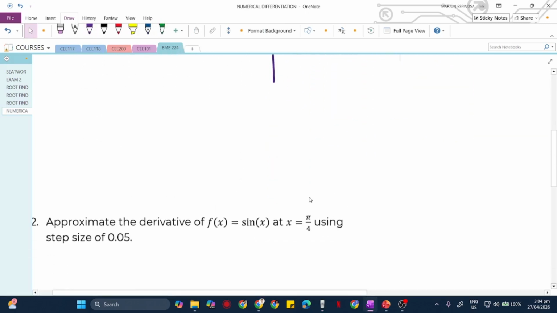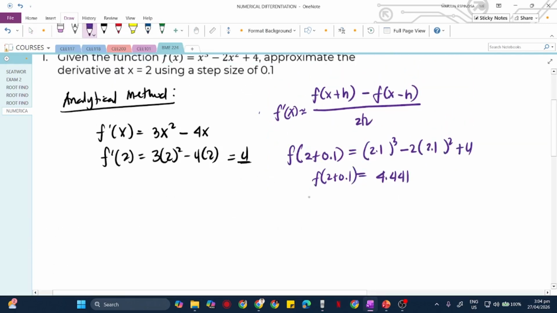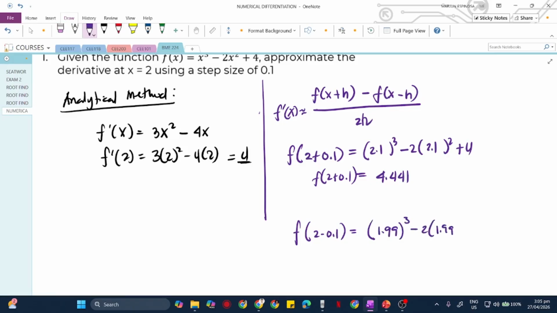Now, how about yung f of x minus h, magiging 2 minus 0.1. So, basically, we have here 1.9. Cubed minus 2 times 1.9 squared plus 4. Sorry, 1.9. How about this one, guys?